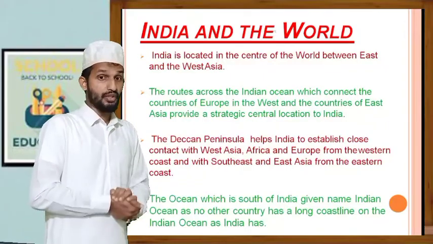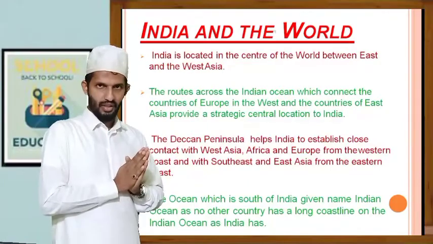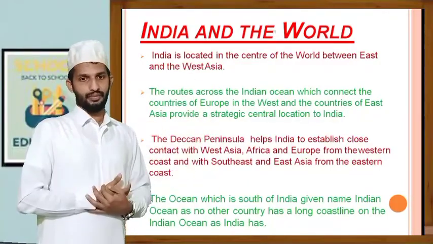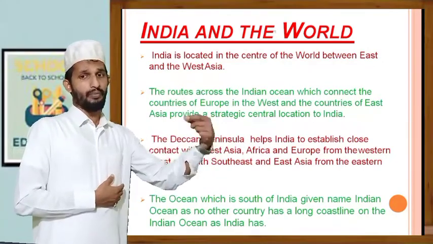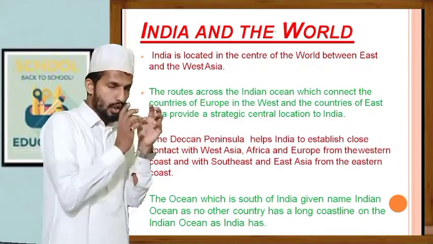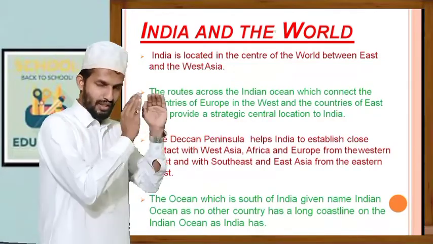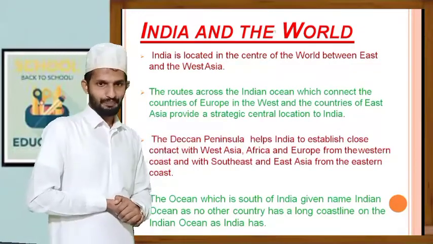And next we are studying India and the world. So what is the connection of India with the entire world? India is located in the center of the Eastern world, between East and West Asia.